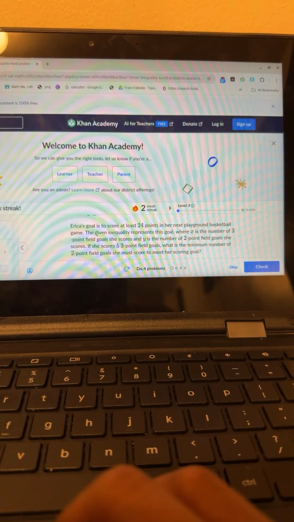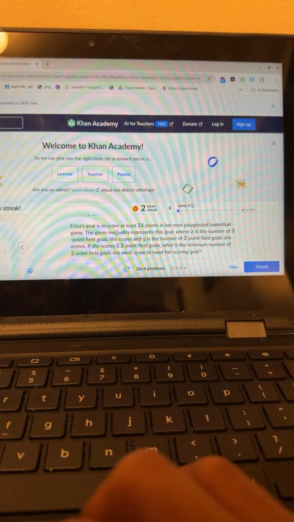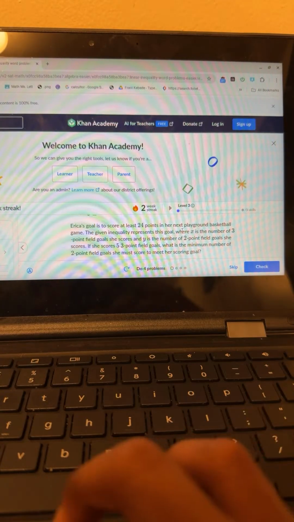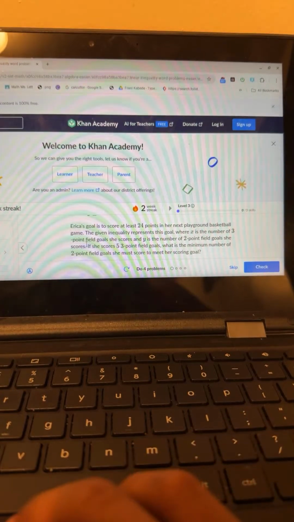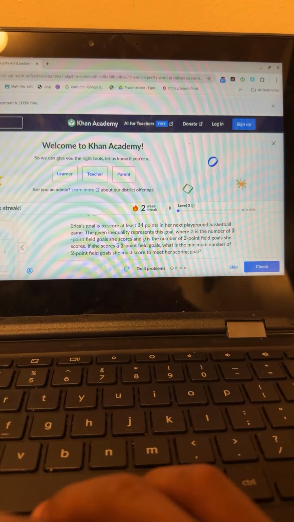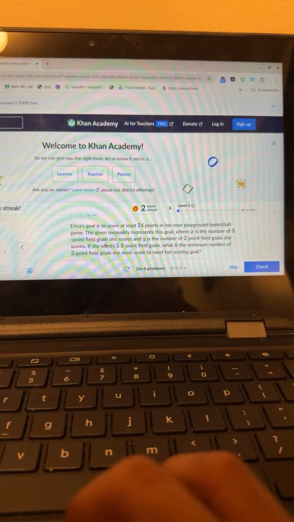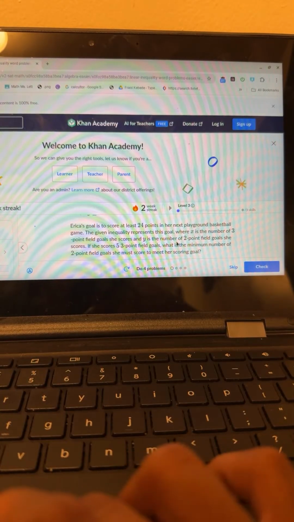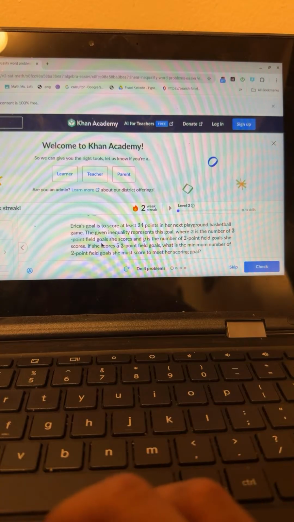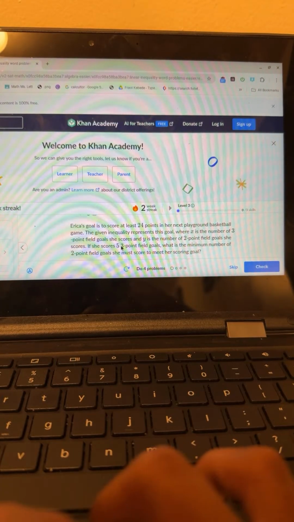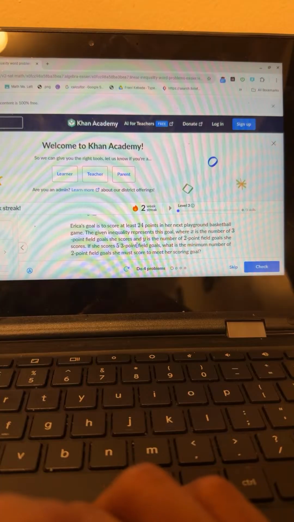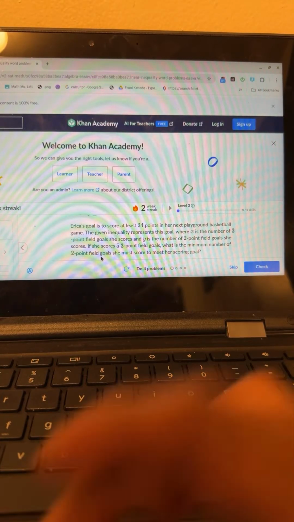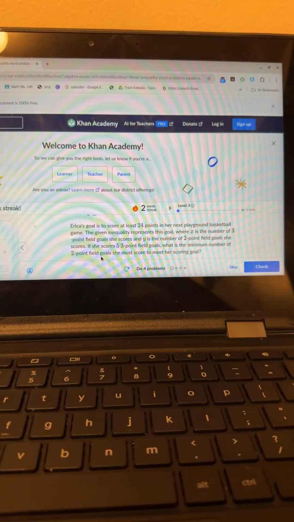The given inequality represents this goal, where x is the number of 3-point field goals she scores, and y is the number of 2-point field goals she scores. If she scores 5 3-point field goals, what is the minimum number of 2-point field goals she must score?